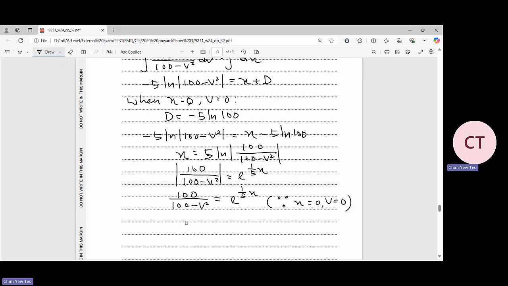So now the remaining part will be quite easy. 100 minus v squared is equal to 100 e to the power of negative (1/5)x. So v squared is equal to 100 of (1 - e to the power of negative (1/5)x). Done. That will be the answer for question number 7b.